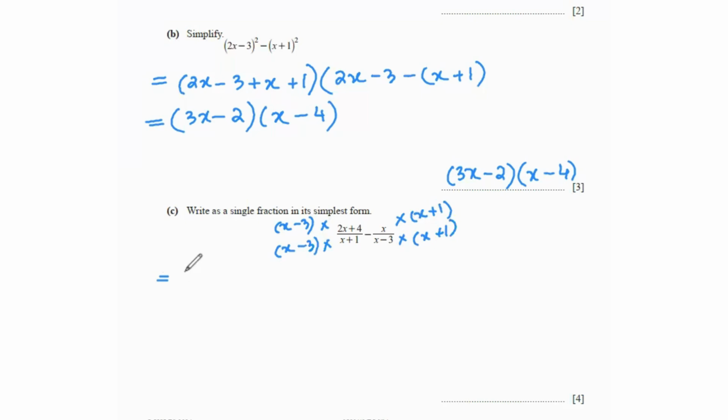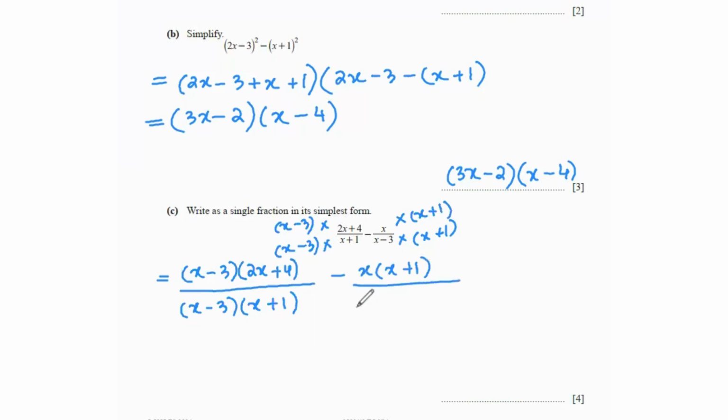So that's going to give us (x minus 3) times (2x plus 4) over (x minus 3) times (x plus 1), minus x times (x plus 1) over (x minus 3) times (x plus 1).